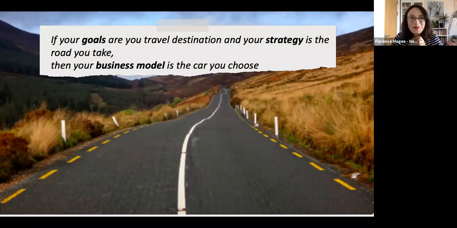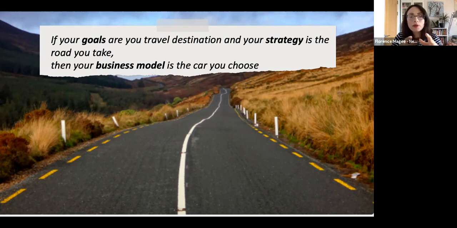A slightly simpler way of looking at it, and you might maybe keep that analogy as we go through the talk. Let's say, if we look at goals as a travel destination, and then the strategy as the road you take to get there, it might be the high road, might be the low road, might be the middle road, then the business model is the car you choose.